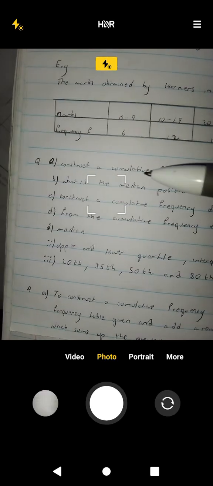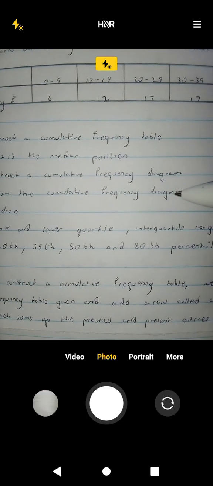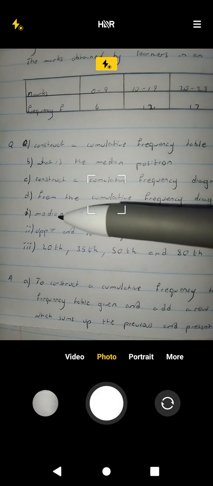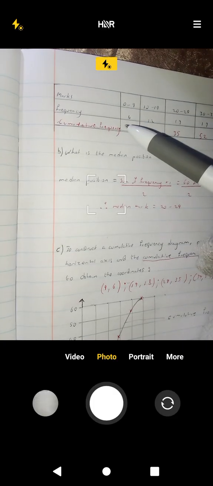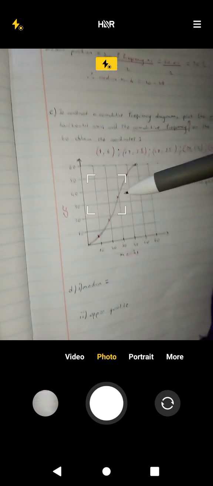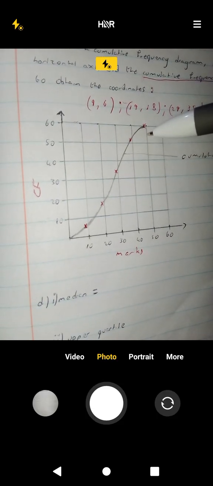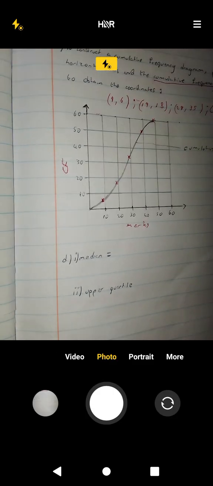So now let's go to our third question, or our fourth question. From the cumulative frequency diagram, find the median. We've seen how hard it is to find the median right here, but it should be pretty easy to find it on this cumulative frequency diagram.